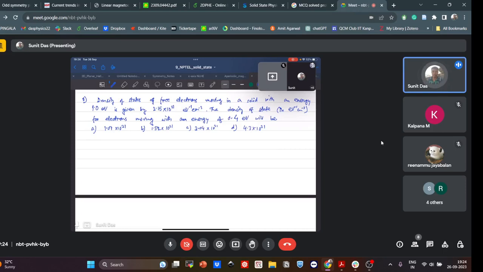So this is density of states, okay, not density. That's why the unit is also eV inverse cm to the power minus 3. Try to find it out.